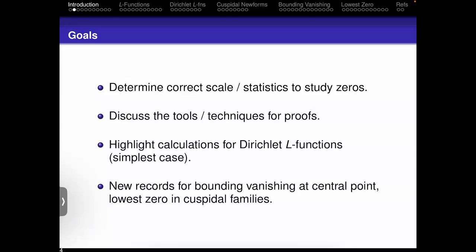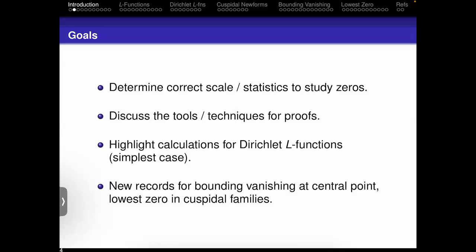And then the applications will be trying to bound what's going on near the central point. The bounds will be terrible, but getting better. One of my advisors, Henryk Iwaniec, once described the result of bounding how many zeros are off the critical line of the zeta function up to a given height as trying to get better and better estimates for the cardinality of the empty set. So in terms of the results we get, they are far from the truth.